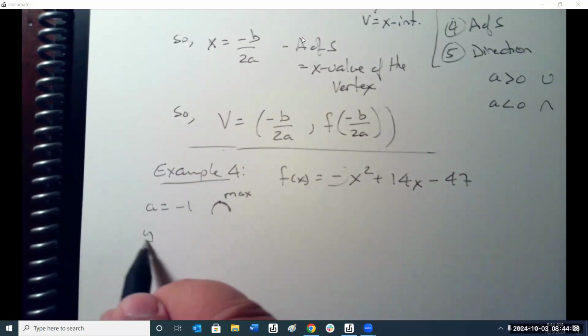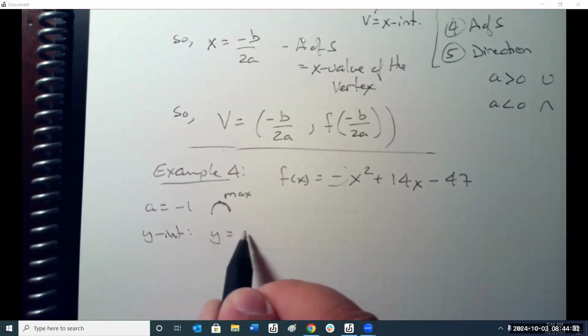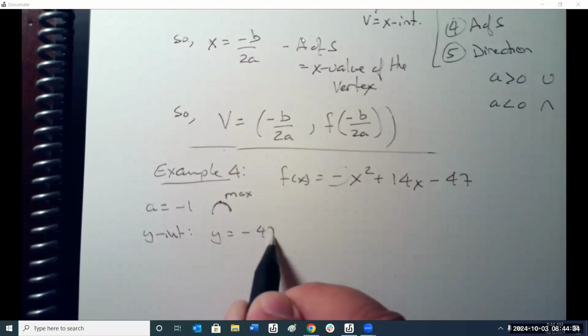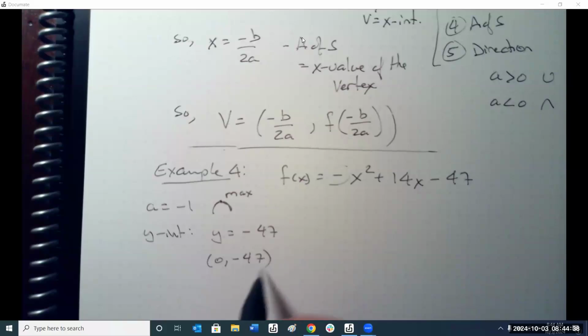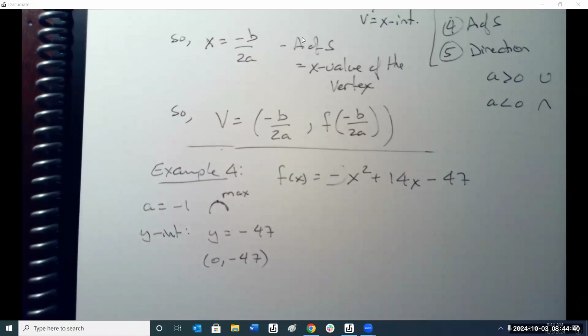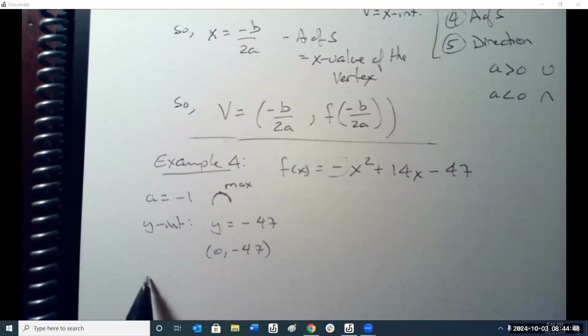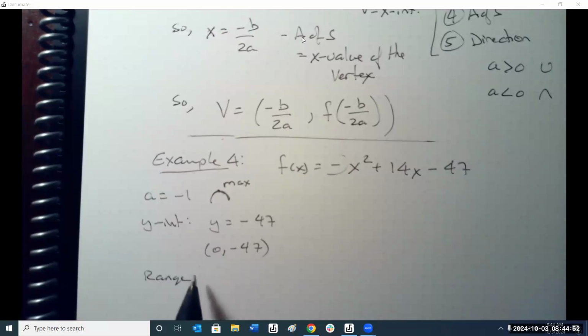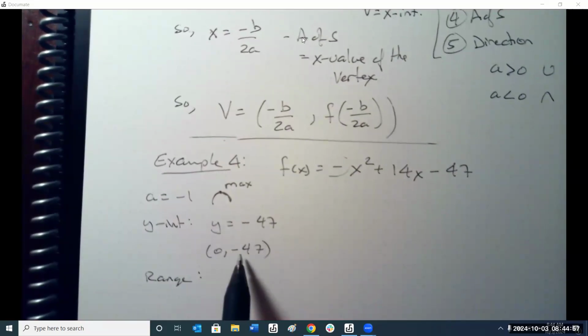We know the y-intercept is y equals -47, or at 0, -47. So the range, since we know it opens down, this is the y-intercept.